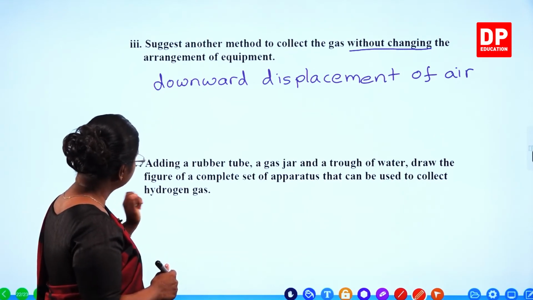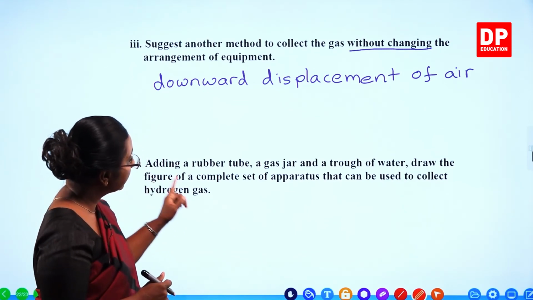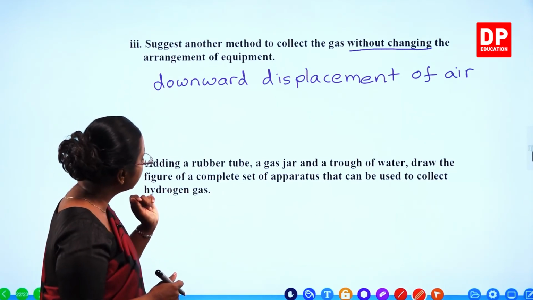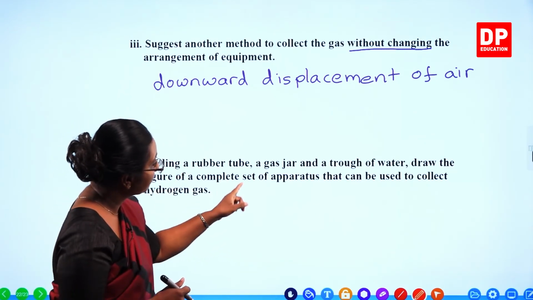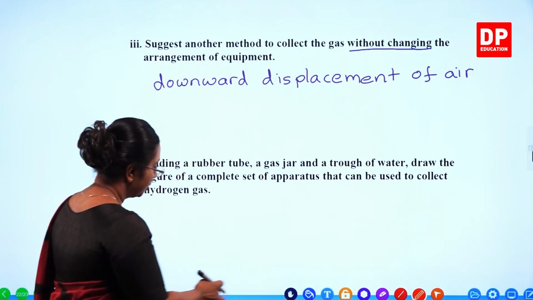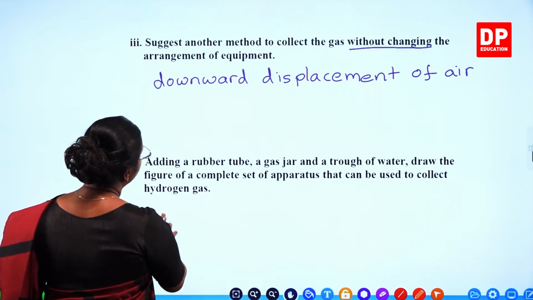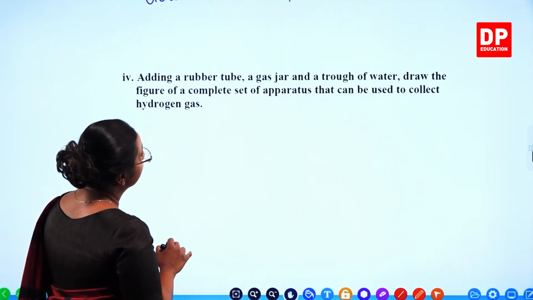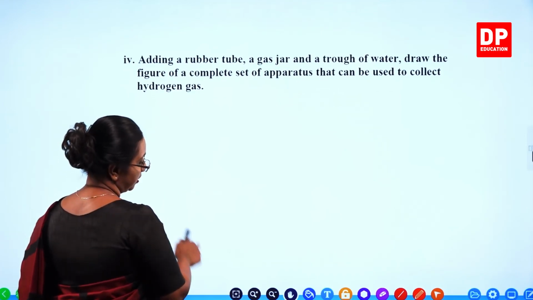Then the fourth one, adding a rubber tube, a gas jar and a trough of water, draw the figure of a complete set of apparatus that can be used to collect the hydrogen gas. So here we need to draw the setup, adding the rubber tube, gas jar and a trough of water.